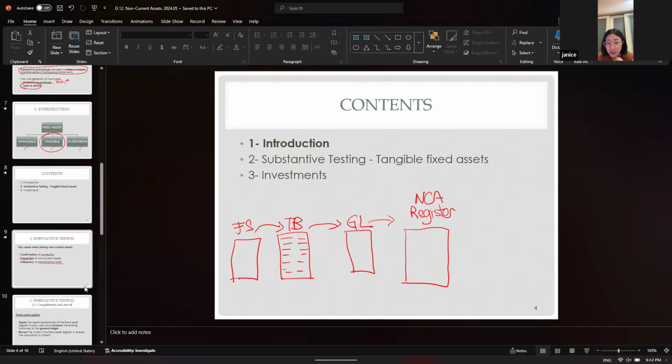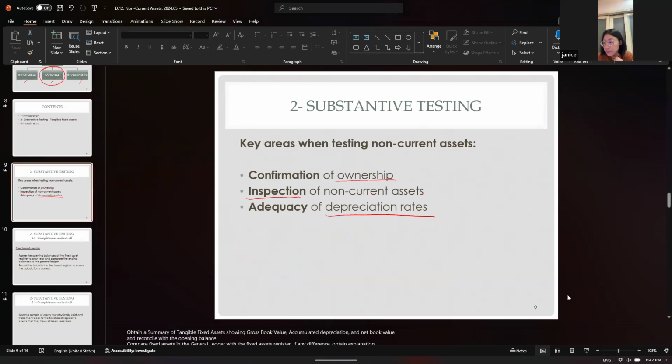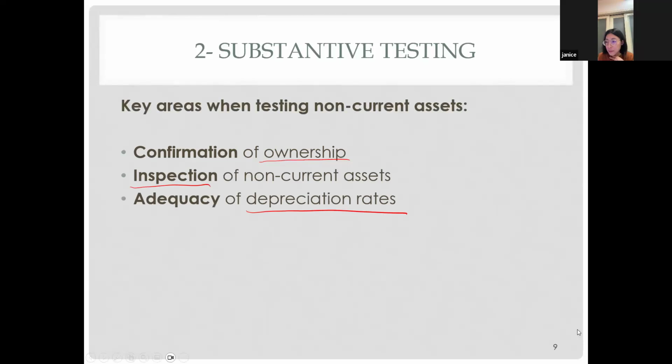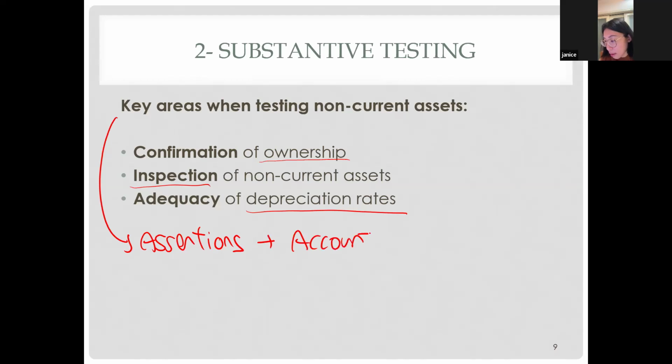Very good, Menghui. So in here, for the non-current assets, the assertions that we need to focus on are the assertions for account balances, which is the balance sheet, right? Can you guys remind me again, what are the assertions for the account balances for the balance sheet?